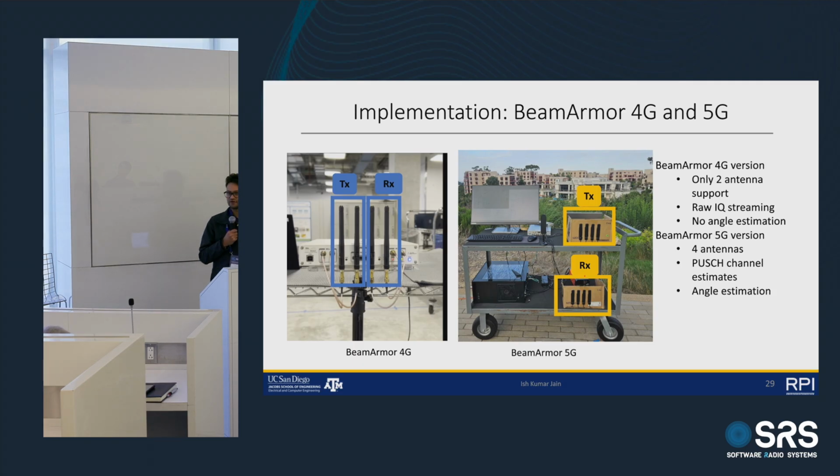These channels are across all 120 subcarriers, across all 4 antennas, across every TTI. This is a 3-dimensional channel matrix that we are streaming from the RAN to our Edge RIC controller to the Beam Armor app, and it is creating beam nulling policies in real time to feed back into the RAN.